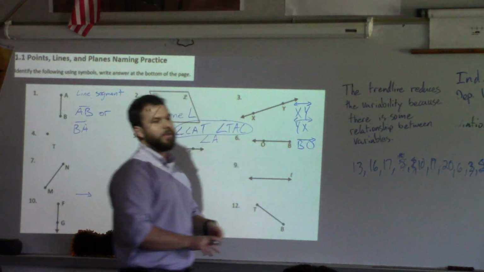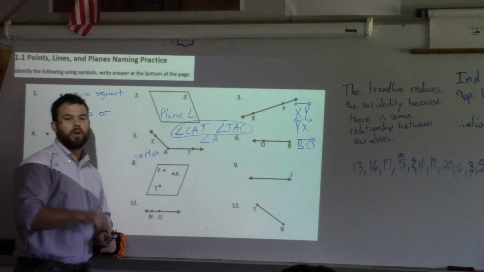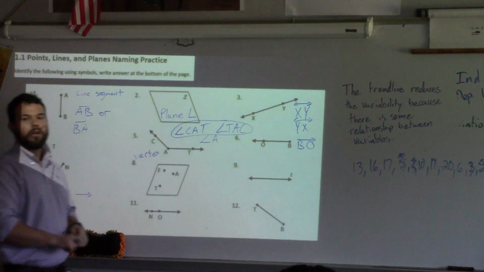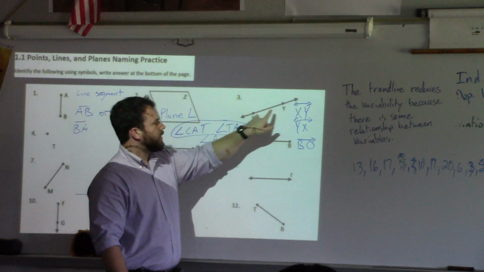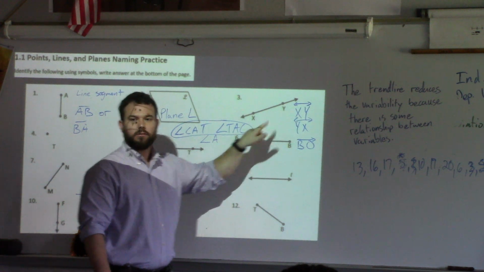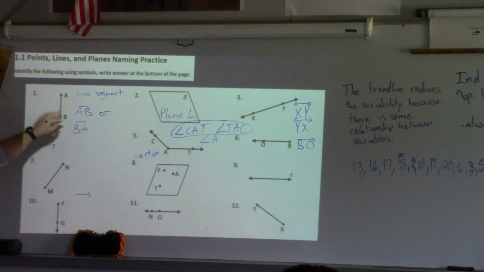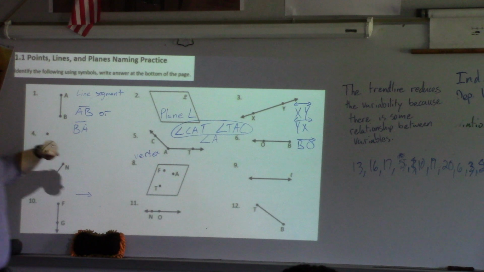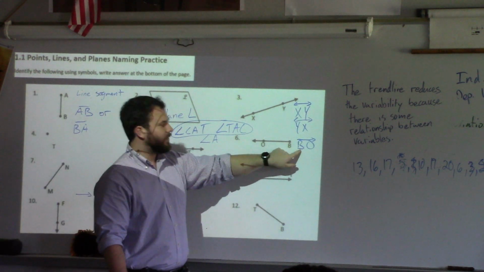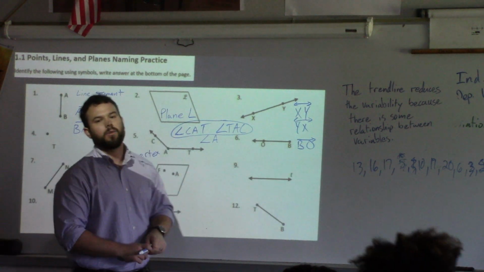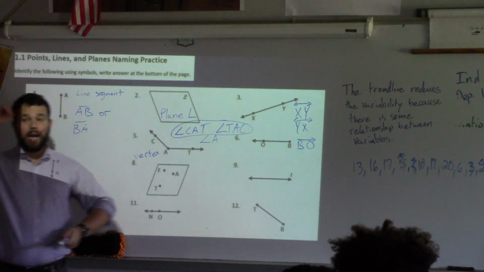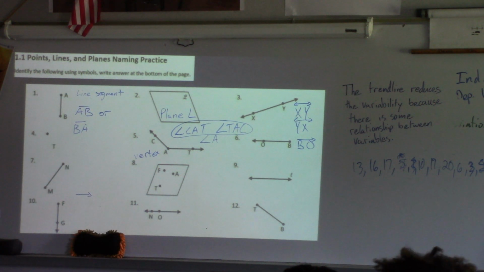So it has to be BO. This is where the order has to be this way. With a line, it's going in both directions. But with a ray, you have to indicate the endpoint, where the arrow is. So with a ray, you have to do the correct order.